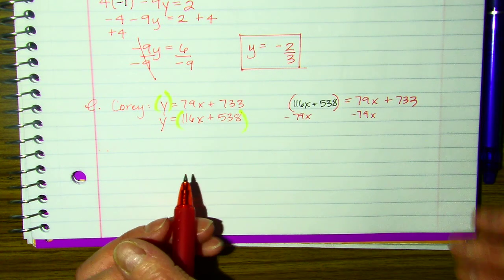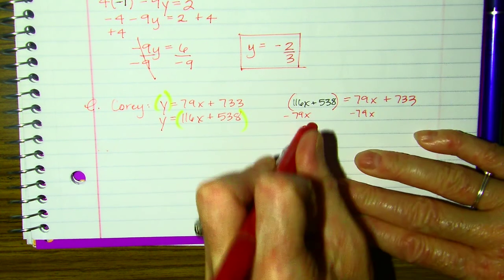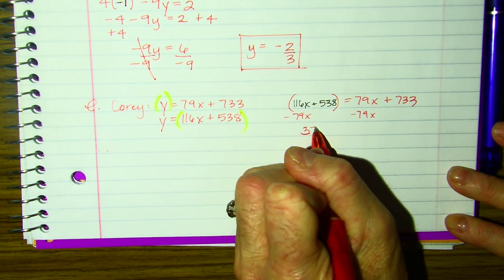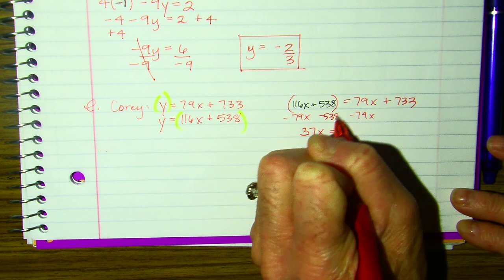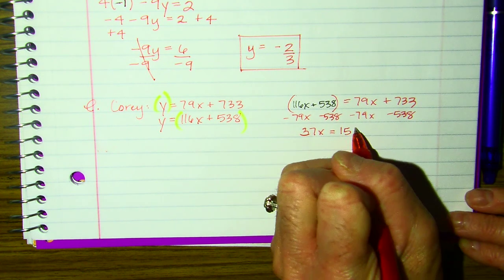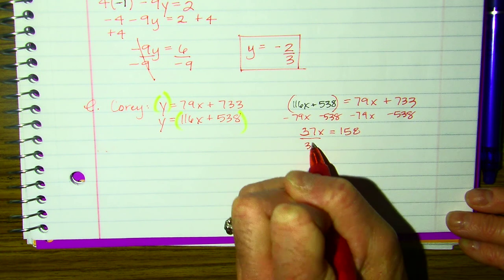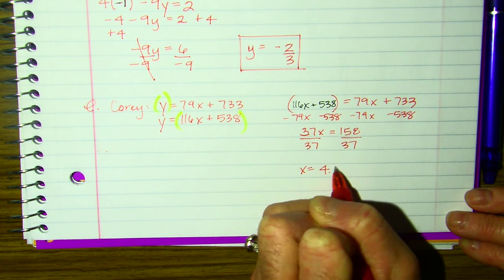And I got 37x. And then I'm going to subtract the 538. And I got 158. I'm going to divide by 37. And I got x equals 4.27.